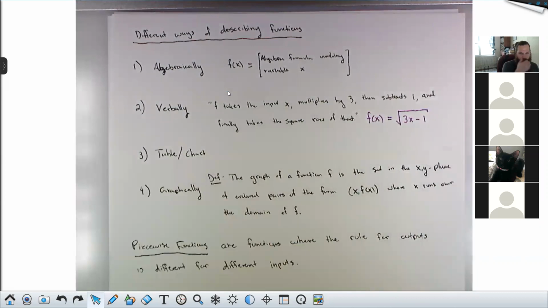That's all. So a piecewise function is a function where I've got maybe 2 or 3 different rules for specifying an output. And if x comes from some set, then we're going to use this rule. If x comes from this other set, we're going to use this different rule. And you could have many different pieces.